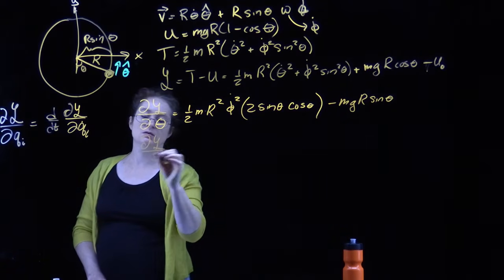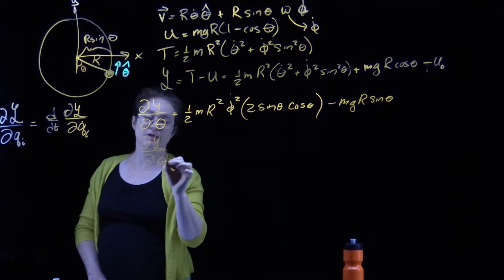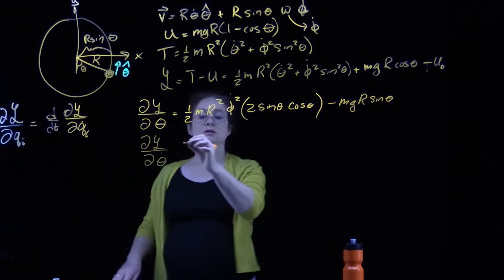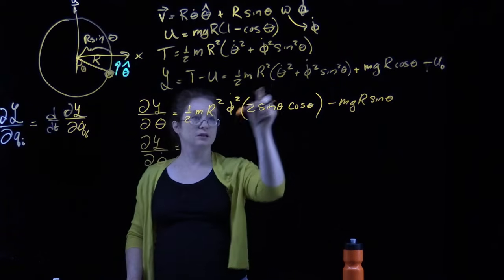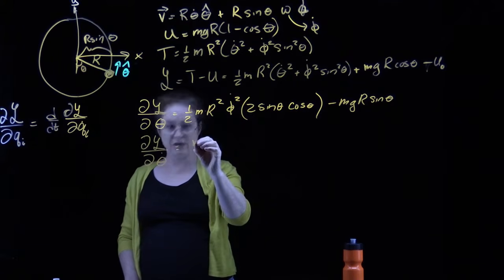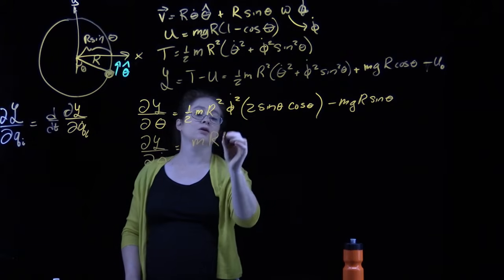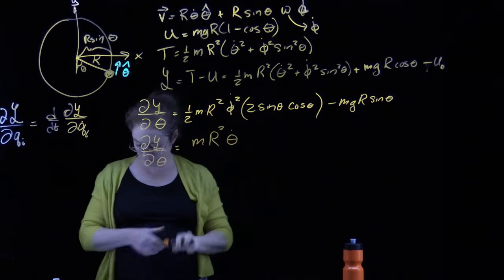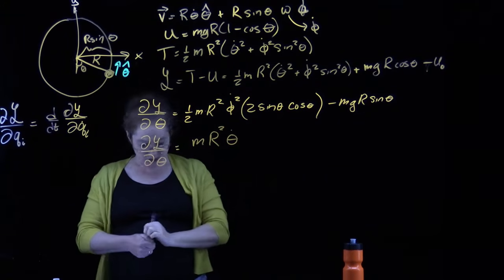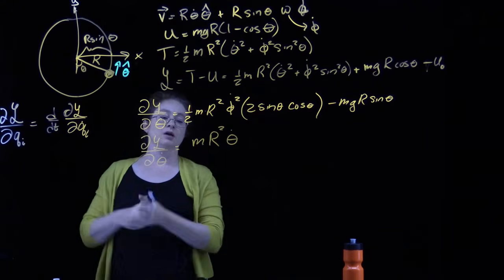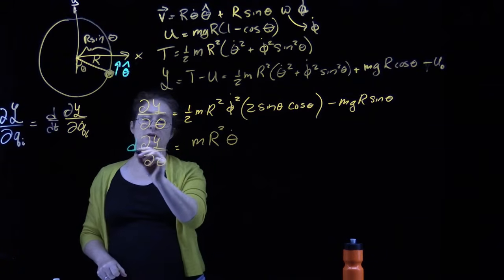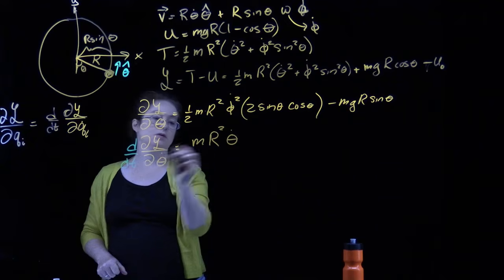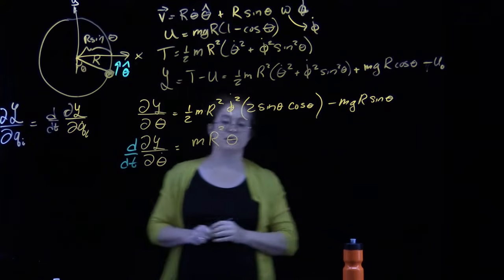Partial L, partial theta dot. Here I've got 1 theta dot, so I get an mr squared theta dot. And I'm going to take the time derivative and I add an extra dot.